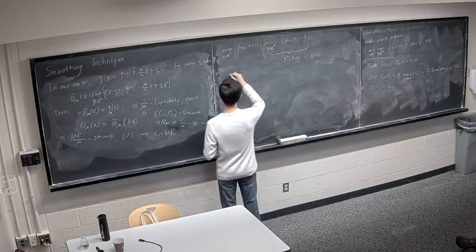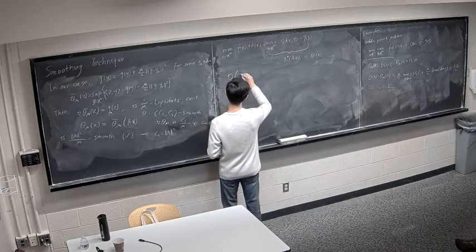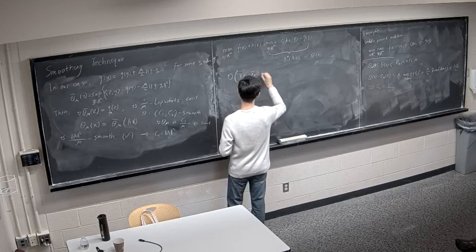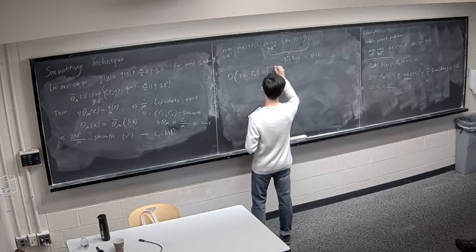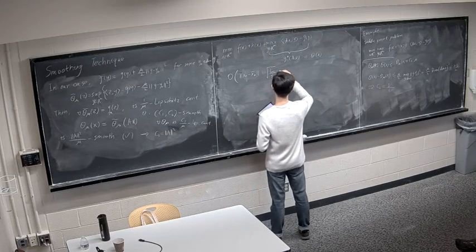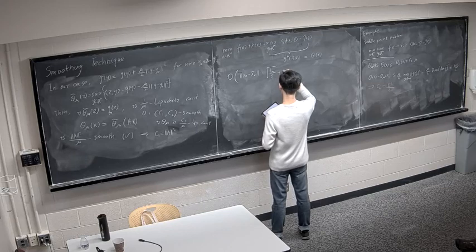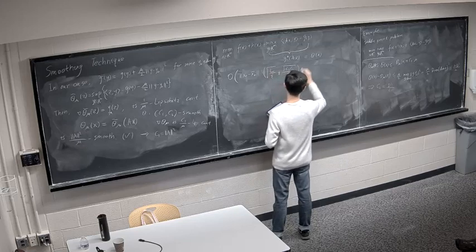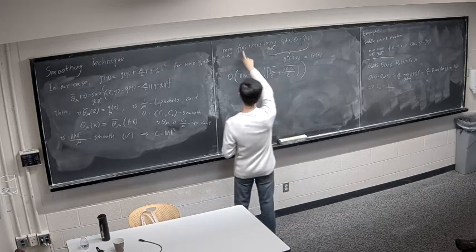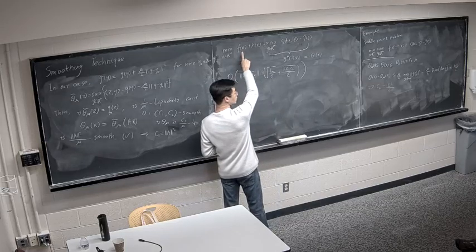So the complexity, we call the complexity is x0 minus x star to the... here this L means the smoothness for F, right?